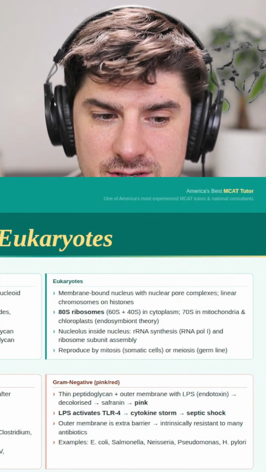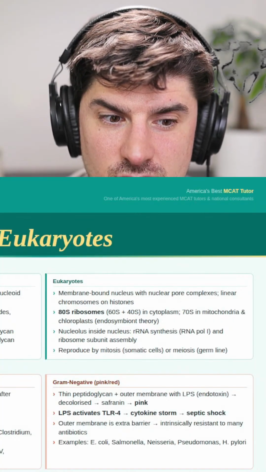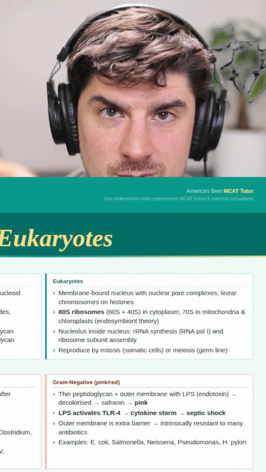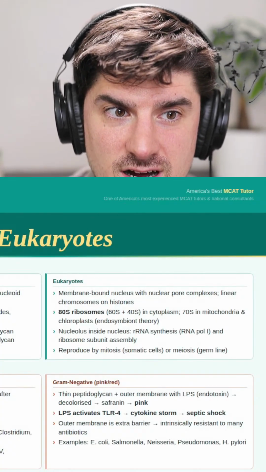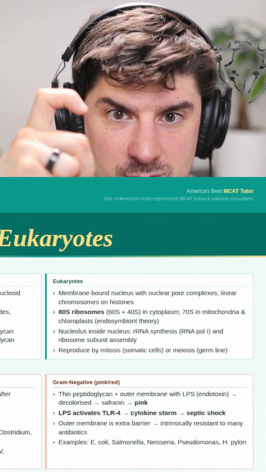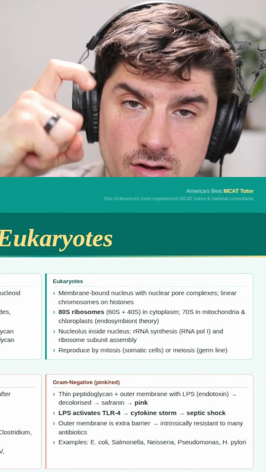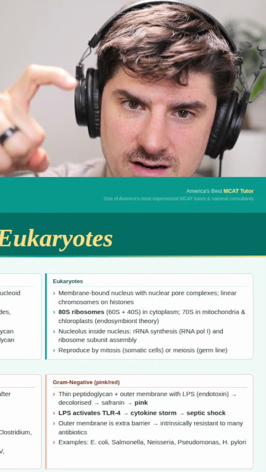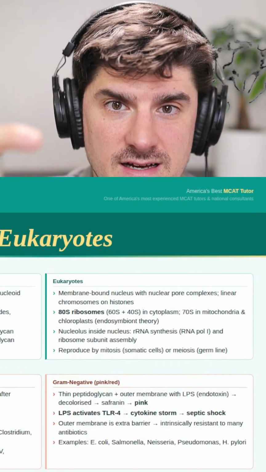This is something that's going to stick inside your minds forever. Lipopolysaccharides drive septic shock. Lipopolysaccharides catch onto these little hook-shaped proteins inside your intestines. They're called toll-like receptors, so TLRs, and they cause a cytokine storm.